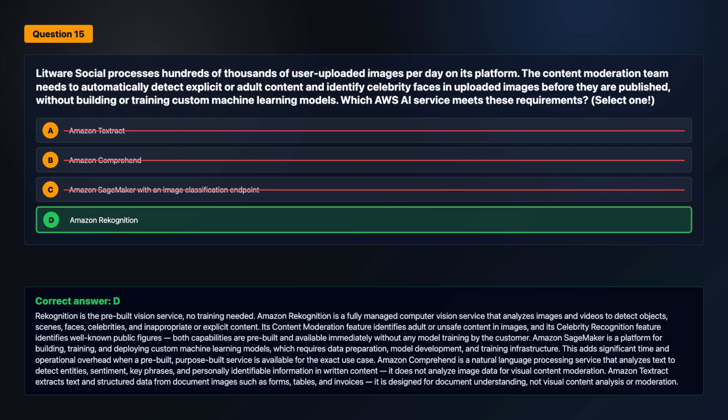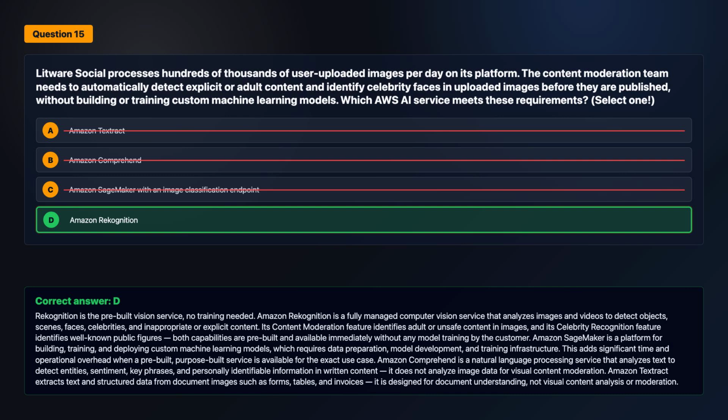Amazon SageMaker is a platform for building, training, and deploying custom machine learning models, which requires data preparation, model development, and training infrastructure. This adds significant time and operational overhead when a pre-built, purpose-built service is available for the exact use case.